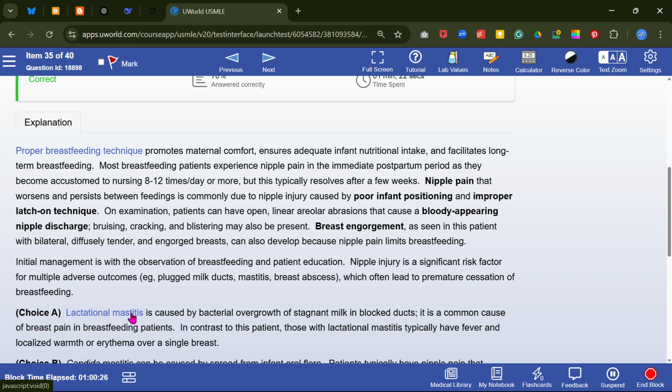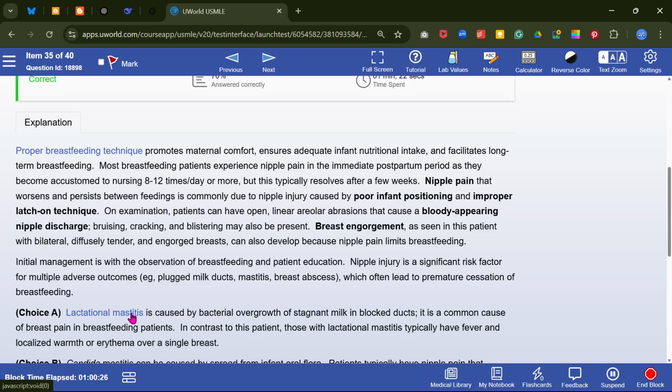On examination, patients can have open linear abrasions that can cause bloody-appearing nipple discharge. Bruising, cracking, and blistering may also be present. Breast engorgement, as seen in this patient with bilateral diffusely tender and engorged breasts, can also develop because nipple pain limits breastfeeding.